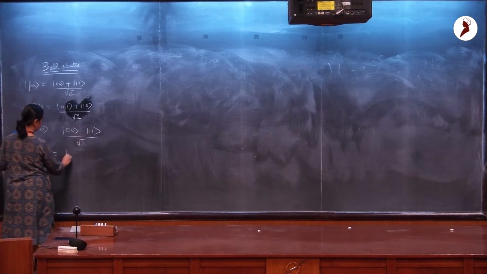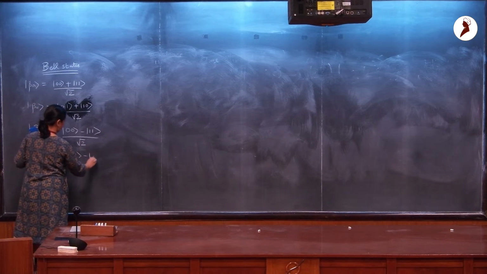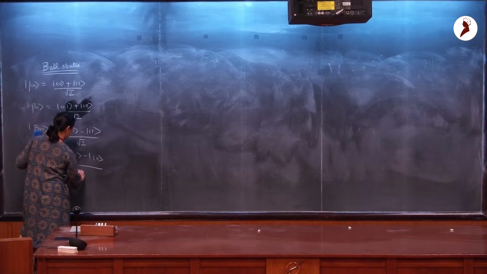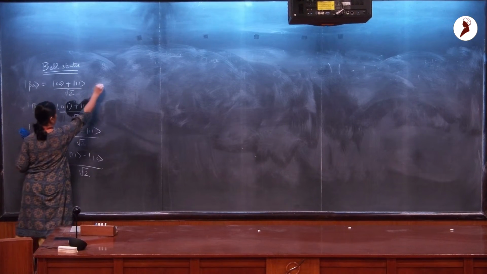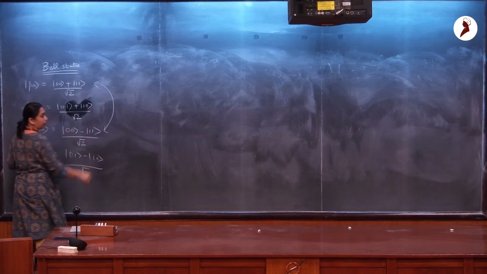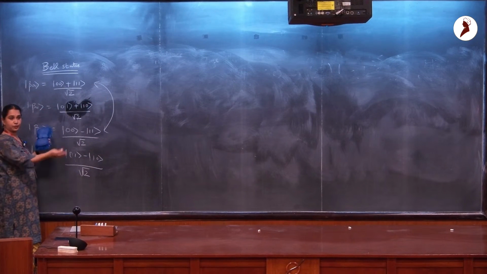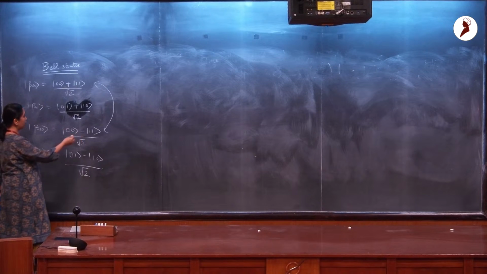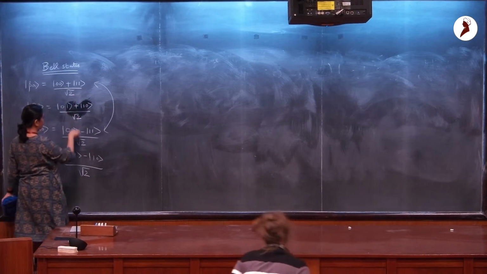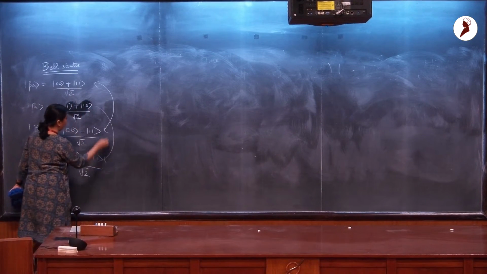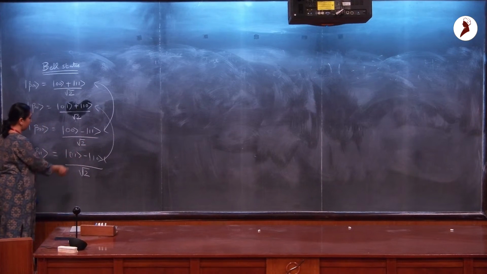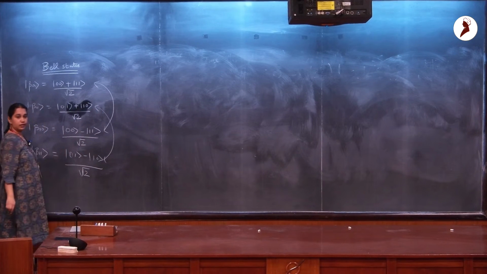There are 4 states, 2 of which are exactly correlated in the z basis outcome, and the only difference between them is the phase. So these are both perfectly correlated as far as the z basis measurements are concerned in the 2 systems, and the only difference is this relative phase, and these 2 are perfectly anti-correlated, again the only difference being this relative phase.